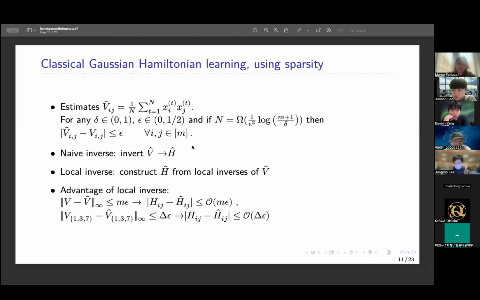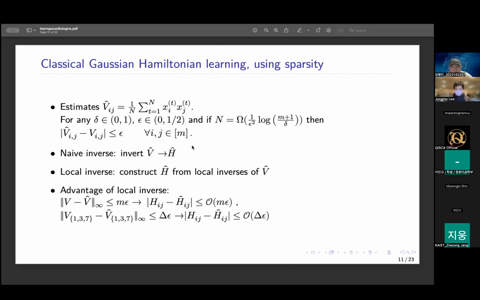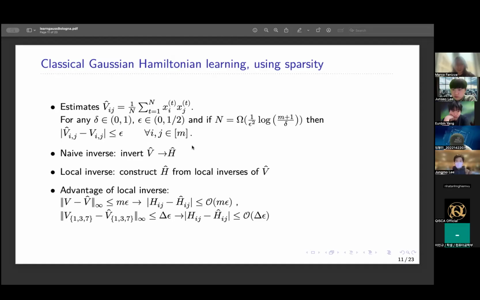But then to invert this, you have to evaluate the operator norm error of the matrix. And this, if you try to do it with the full covariance matrix, will give you a blow up, which is linear in the number of modes.